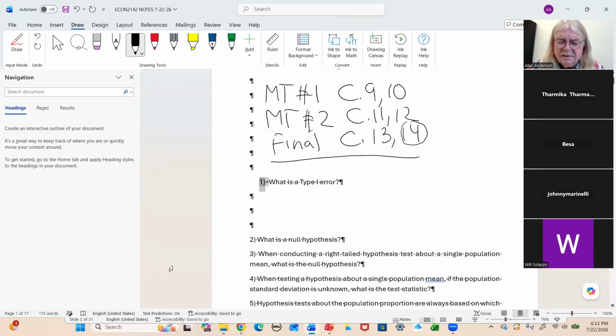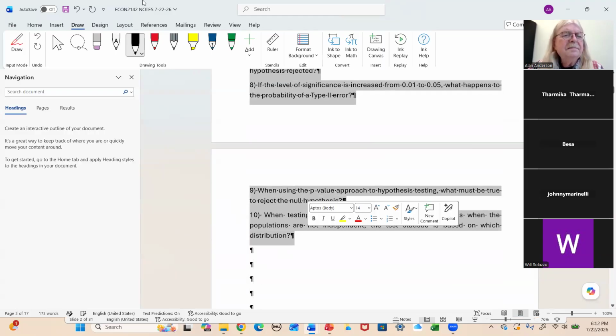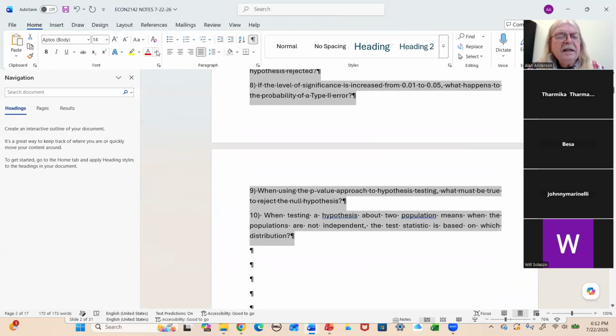What did it do? I really can't stand it when it does that automatic indentation.